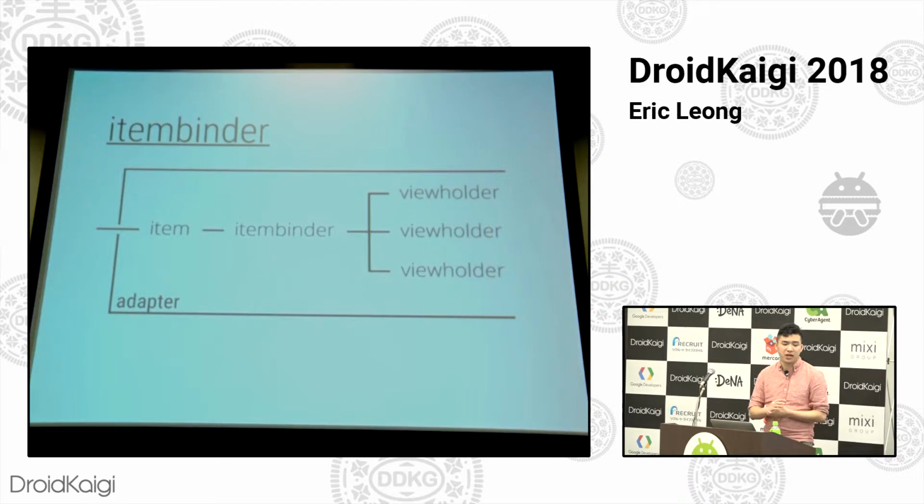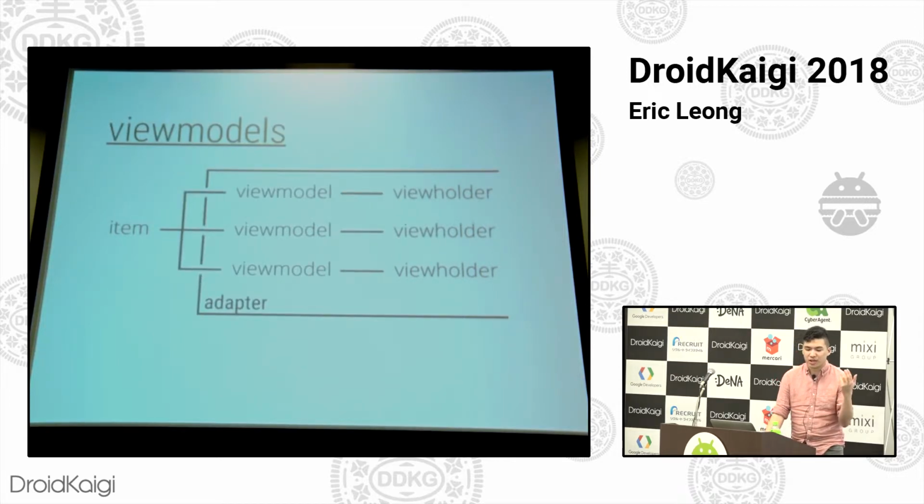So the approach that we ended up going with in Graywater is to do the decomposition inside the adapter. So the adapter still holds the list of items. Before, your adapter wouldn't hold the list of posts because it didn't need to know.